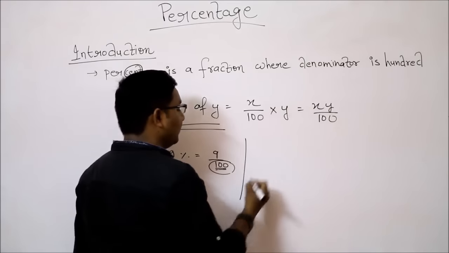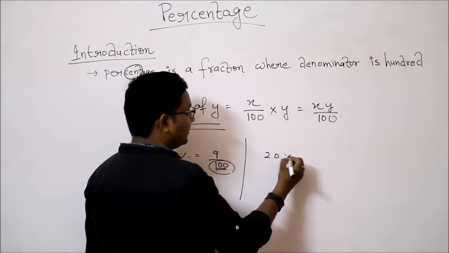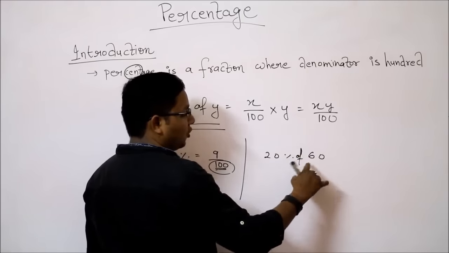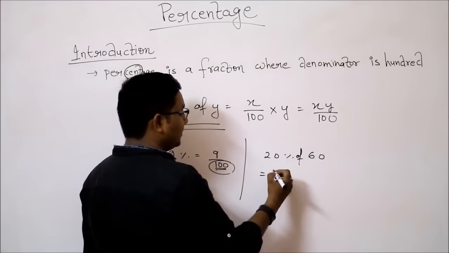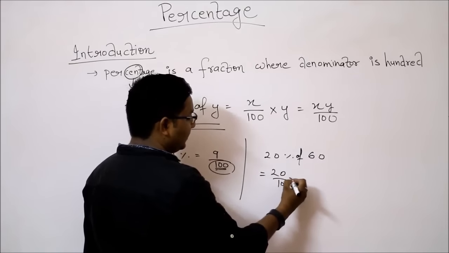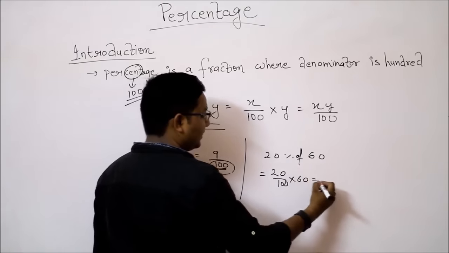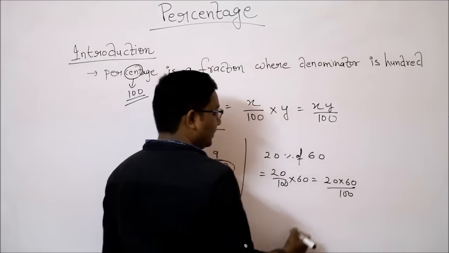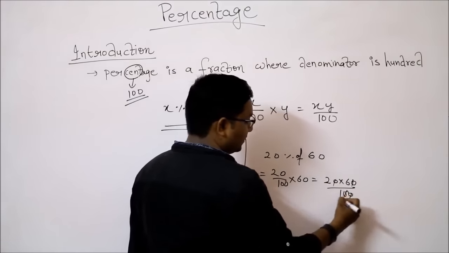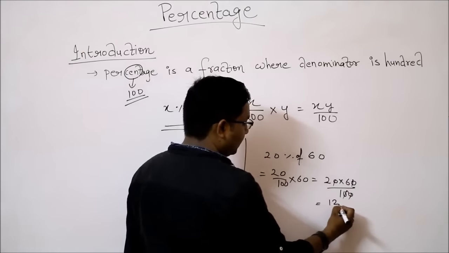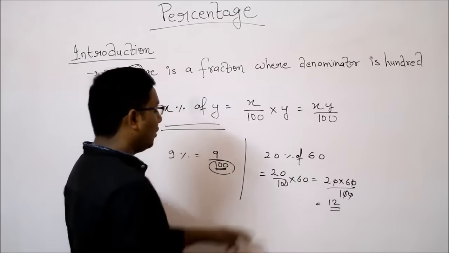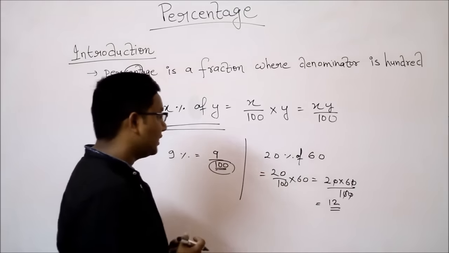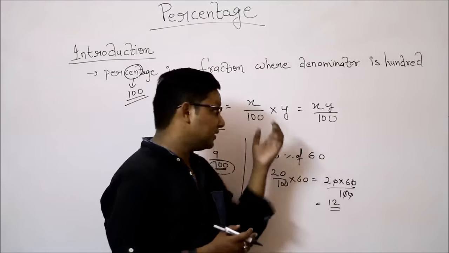For example, if we are taking 20% of 60, it means 20 by 100 into 60, that is x into y upon 100. These two zeros cancel, so 2 into 6 is 12. So 20% of 60 is 12. This is the traditional way we have learned percentage, and it is the basic we should know.